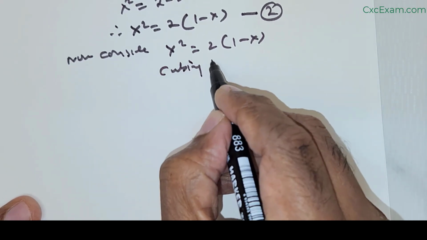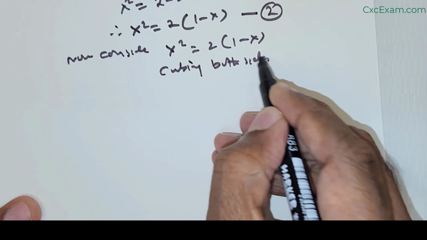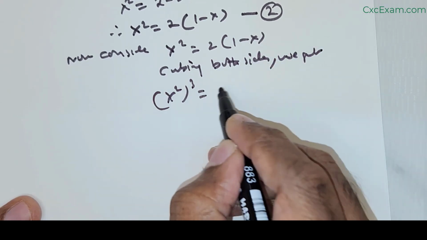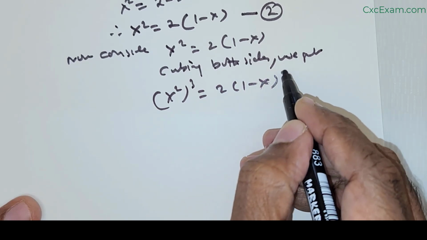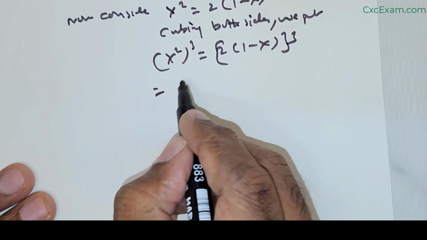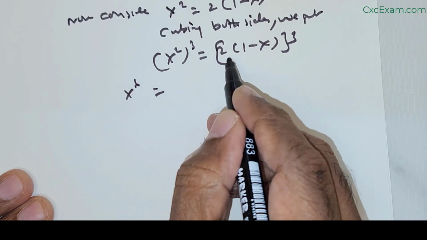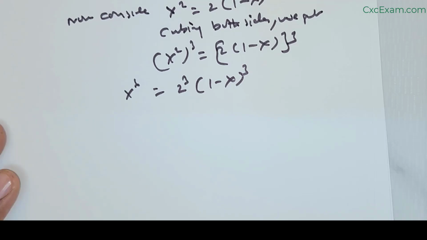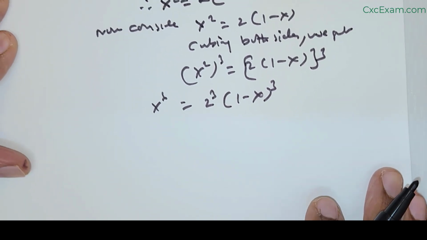Cubing both sides, we get (x²)³ = 2³(1 − x)³. This is going to be x⁶ and this is going to be 2³ times (1 − x)³. Now there is a formula.